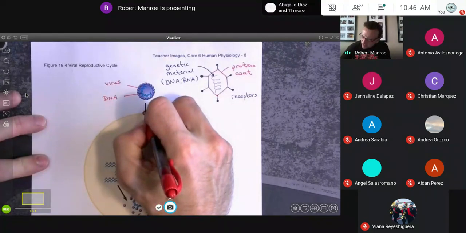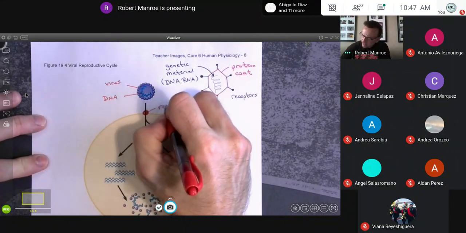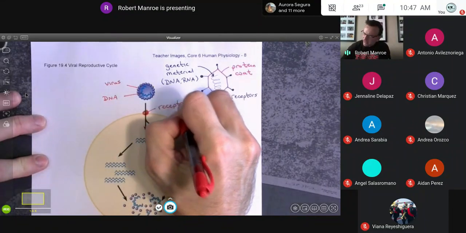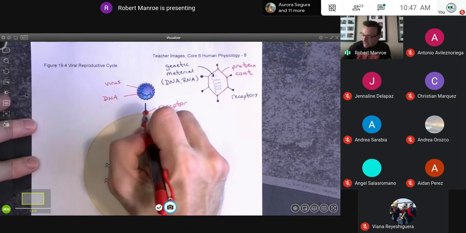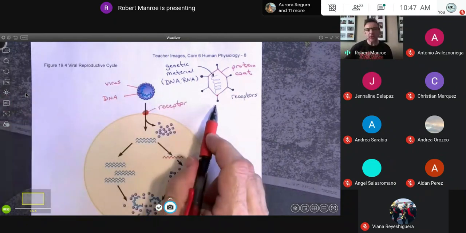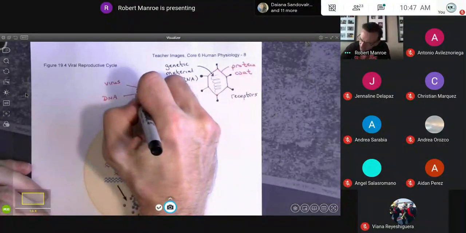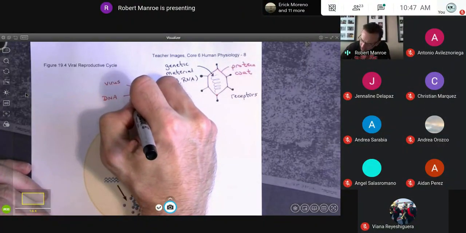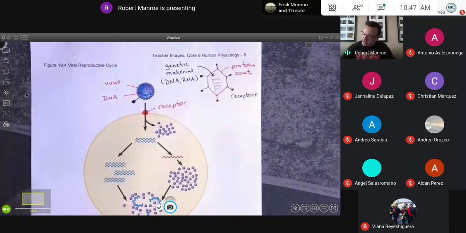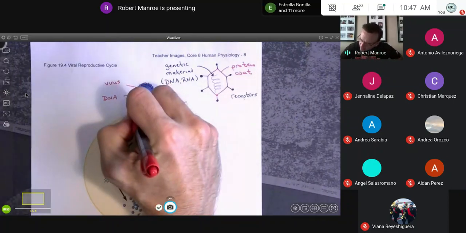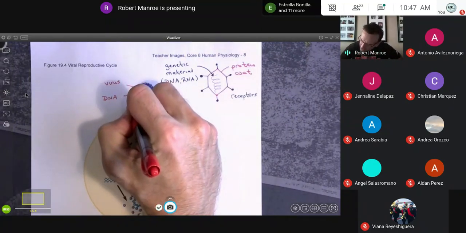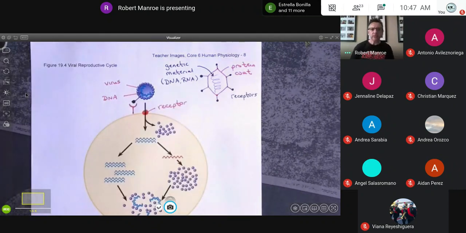Okay, so you have a virus. Now, there is going to be some receptor here. And this receptor matches the receptor on the virus, okay? So if this virus had a receptor shaped like this, then the cell would have a receptor that matches that shape, okay?